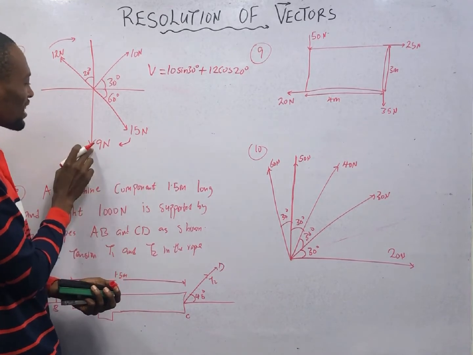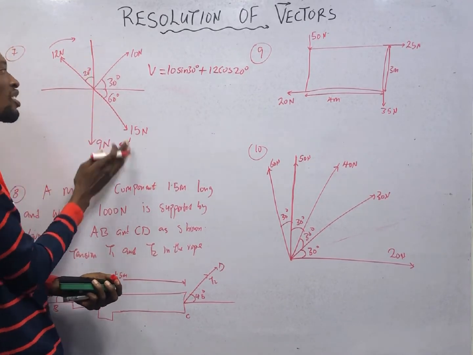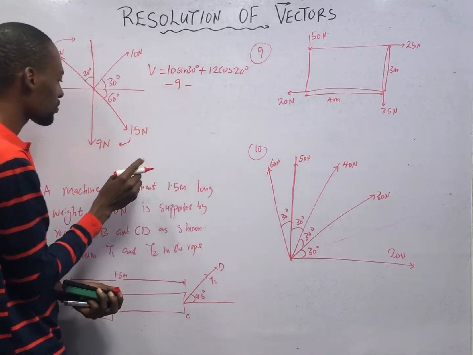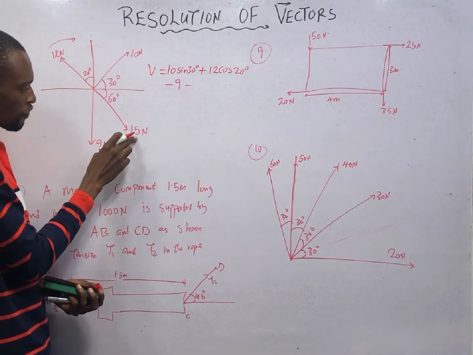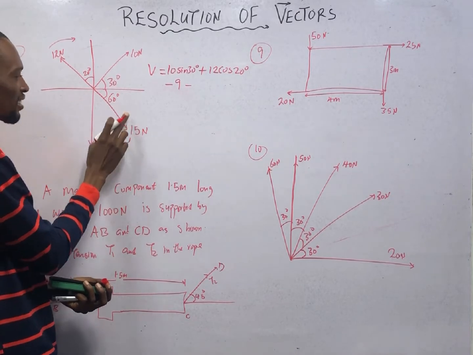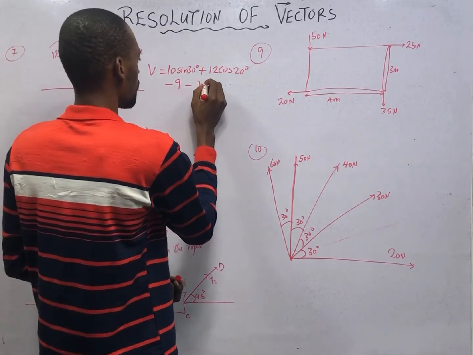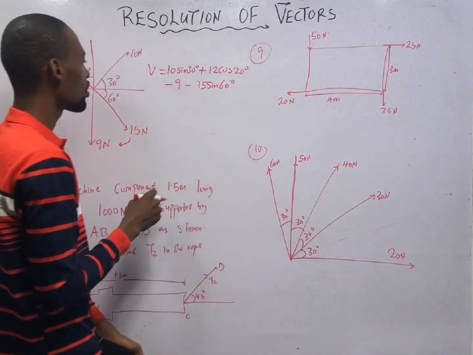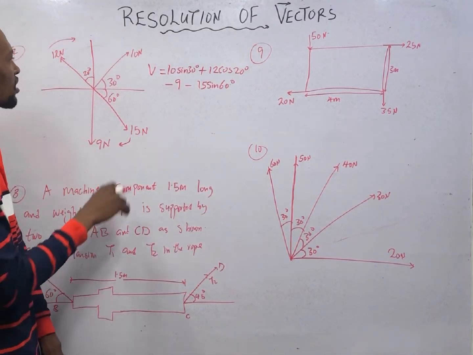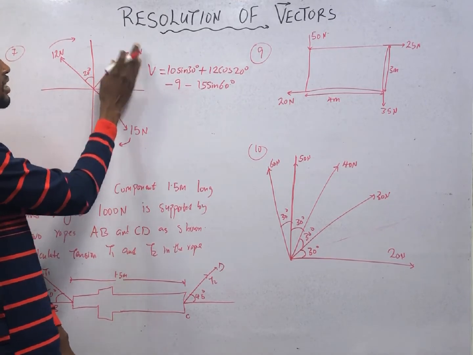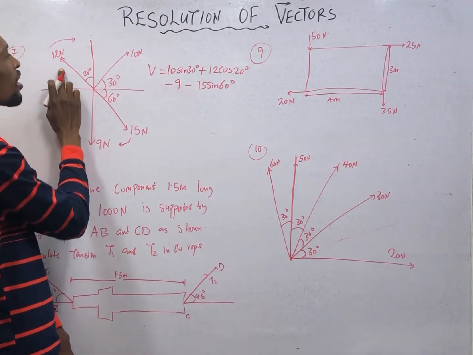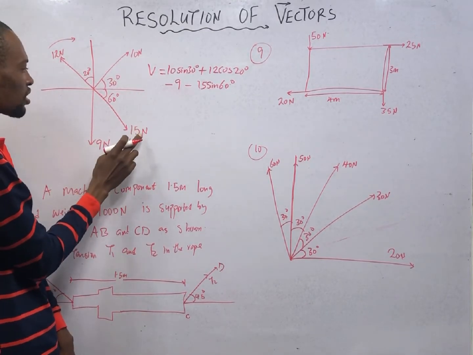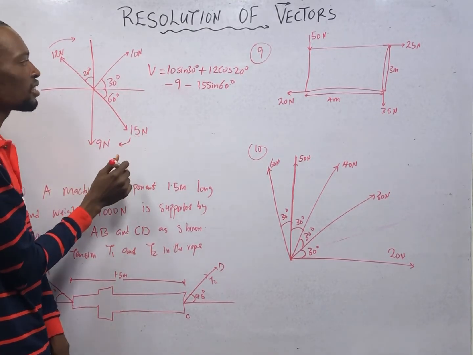And don't forget, we already have 9 here, which is acting in opposite direction. So this should be minus 9 minus 15 sine 60 degrees. So the vertical component is 10 sine 30 degrees plus 12 cos 20 degrees minus 9 minus 15 sine 60 degrees.